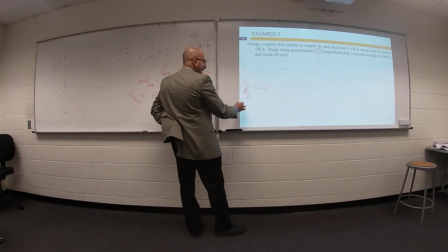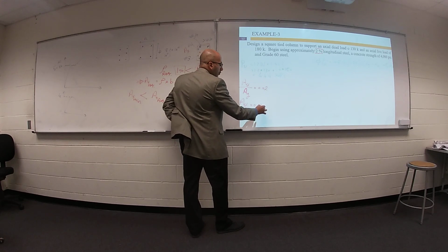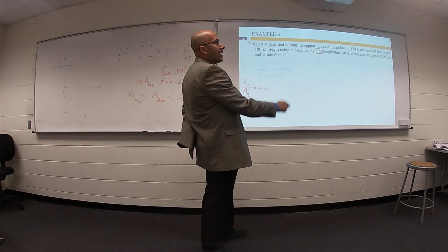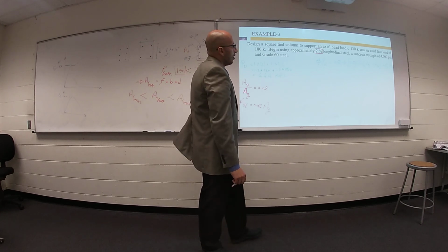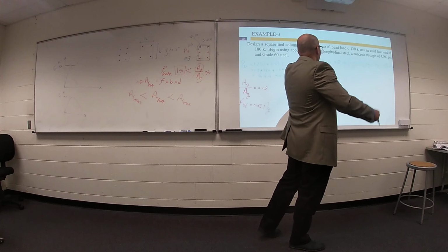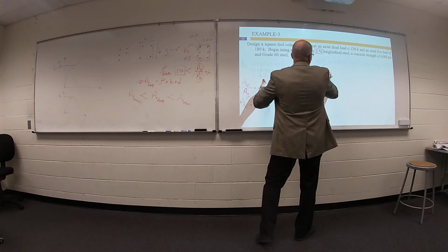So your area steel equals 0.02 area gross. Go ahead and put in your numbers. Phi Pn, your design load, I will design on 444.